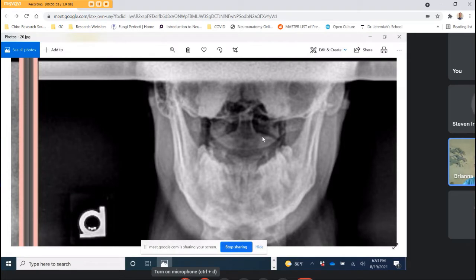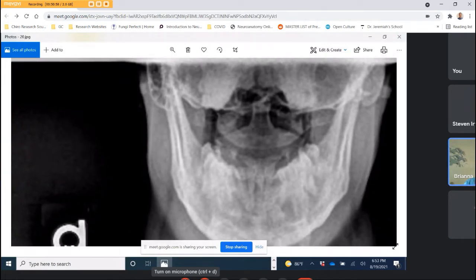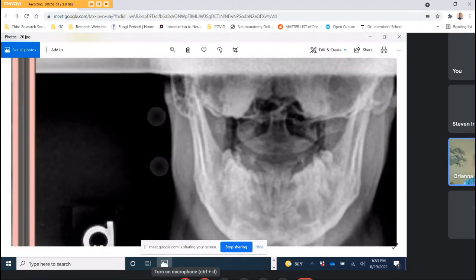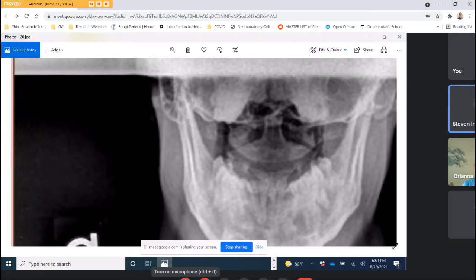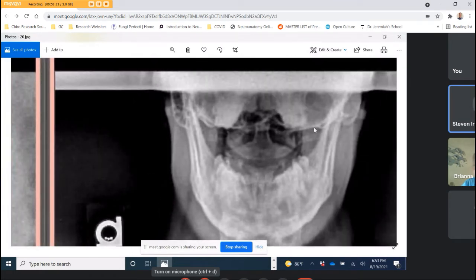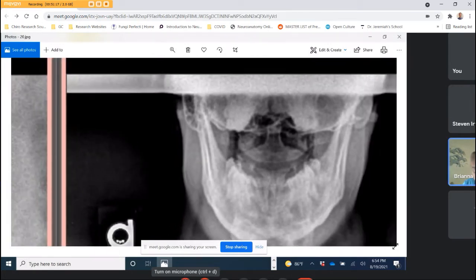A little bit. Looks like on the right. So ASR, do we see any rotation? The right lateral mass looks a little bit bigger, right?